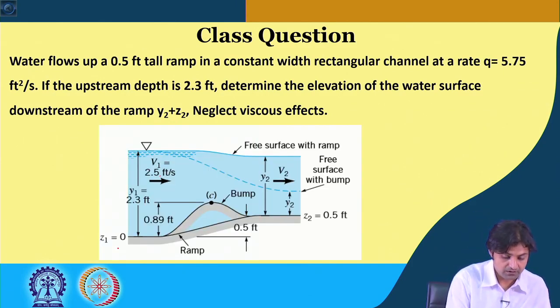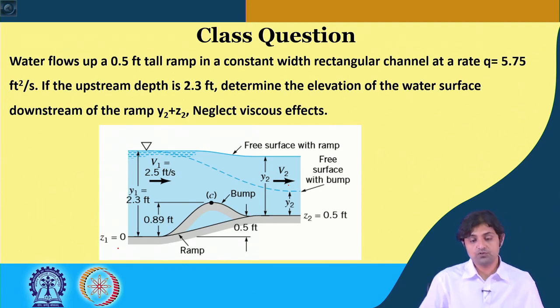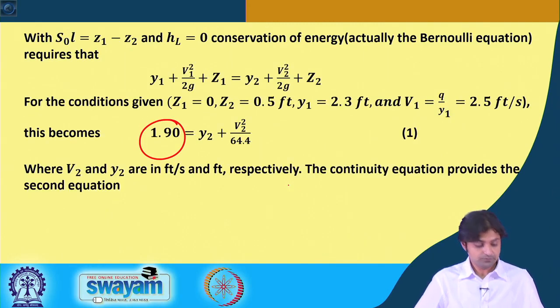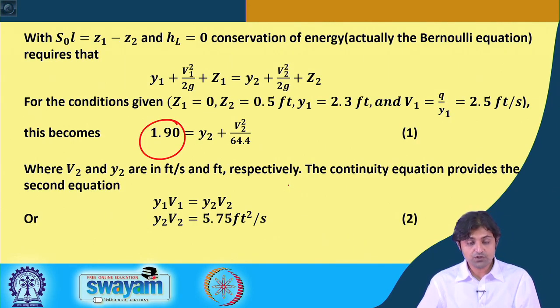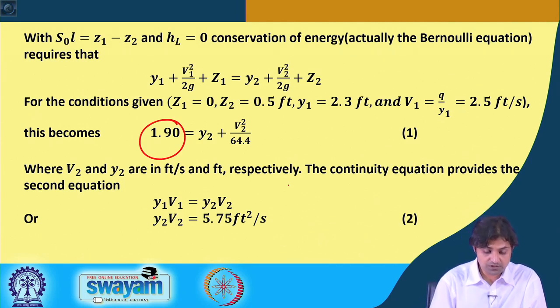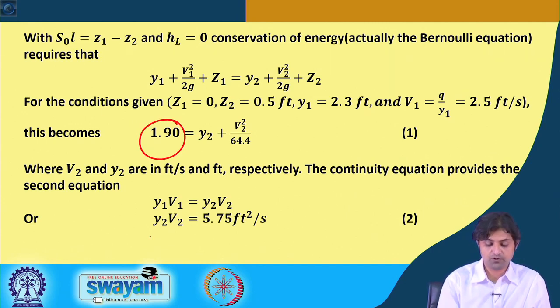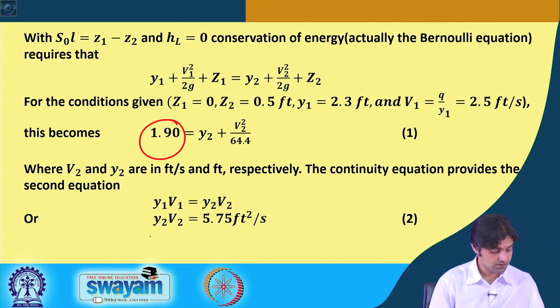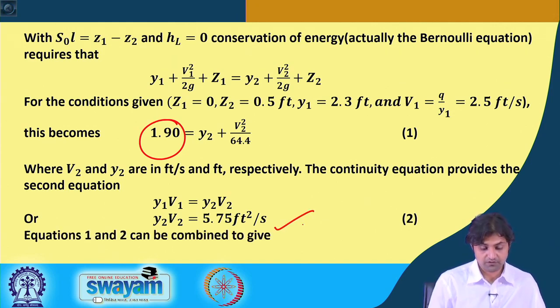V1 y1, so A1 V1 or V1 y1 because the width is constant, is equal to V2 y2. We know y1 is 2.3 and V1 is 2.5. So, this becomes V2 y2 is equal to 5.75 feet square per second. That is another equation that we have got.